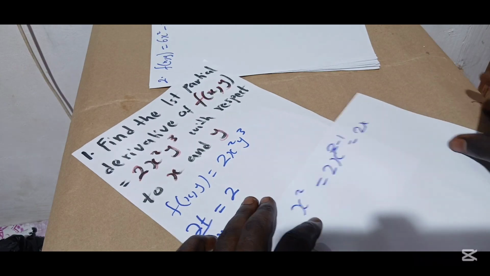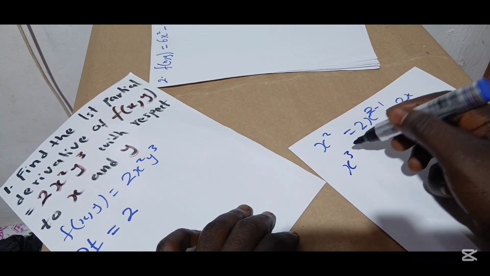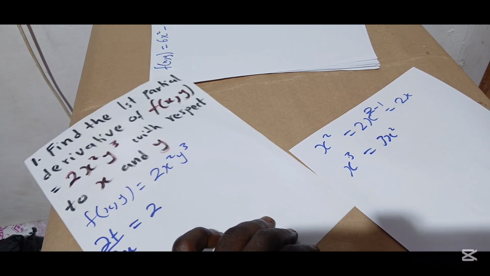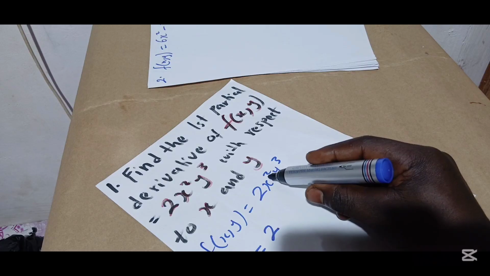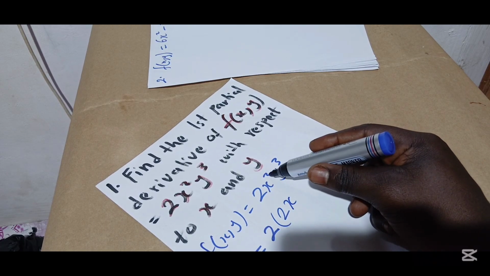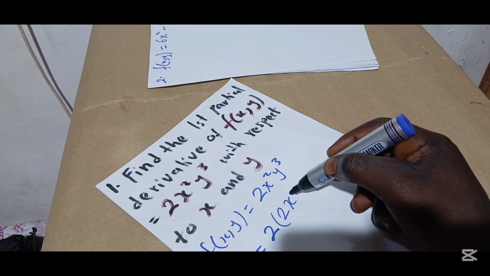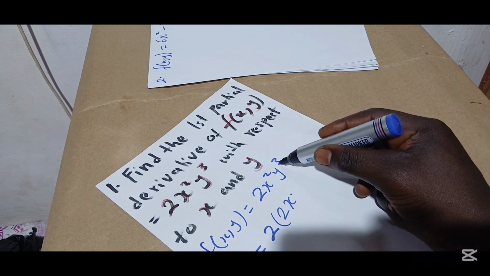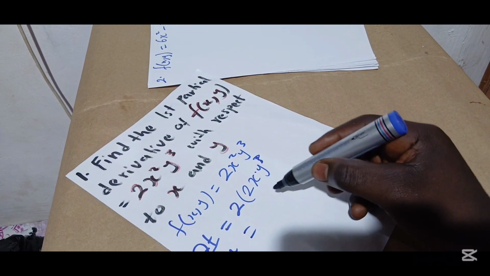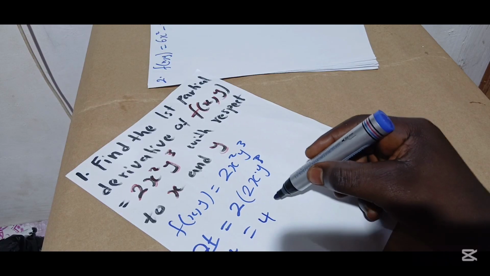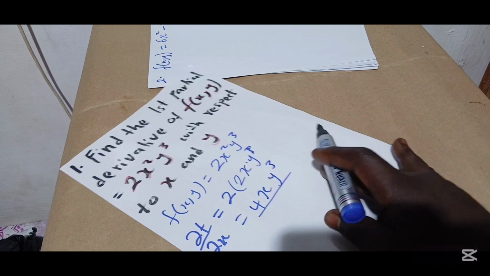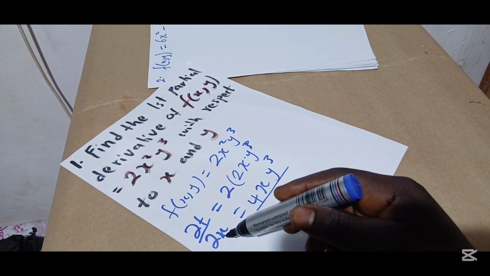So 2 times x, then the power of x decreases by 1, which is 2 minus 1, giving us 1. X cubed would give us 3x squared, with the power decreased by 1. Leaving y cubed as a constant. Simplifying this further, we get 2 times 2, which is 4, then x, then y cubed. So that's it for the partial derivative with respect to x.